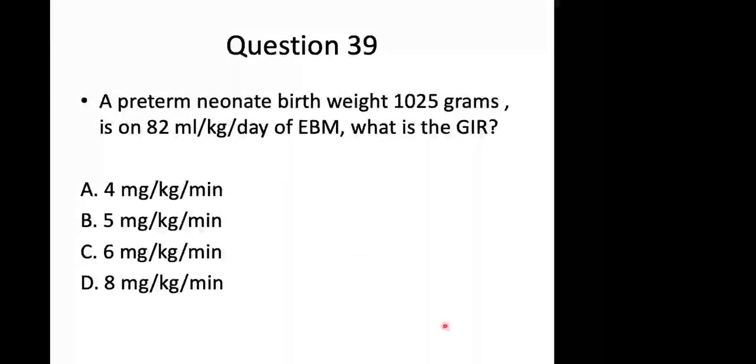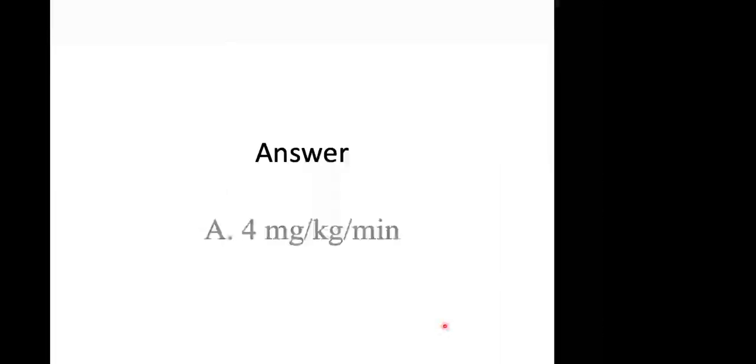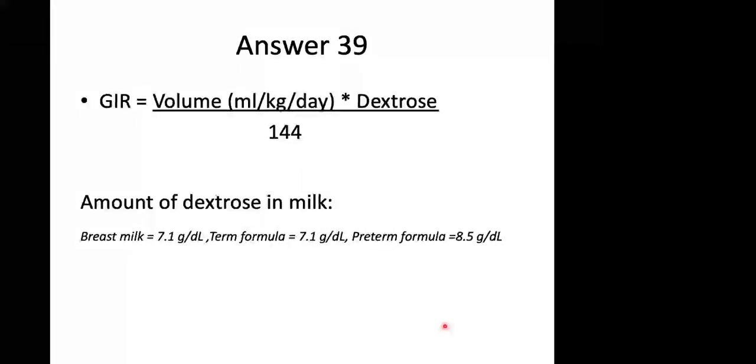So a preterm neonate with 1025 grams is on 80 ml per kg per day of EBM. What is the GIR? Normally we calculate GIR on IV fluid, but here the question is on expressed breast milk. The answer is 4 milligram per kg per minute. Let's see how. GIR calculation: volume per kg per day into dextrose percentage divided by 144.